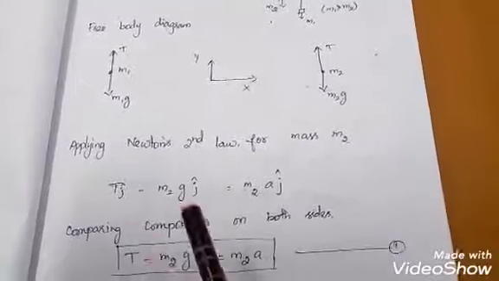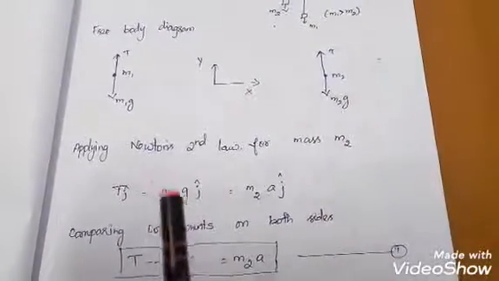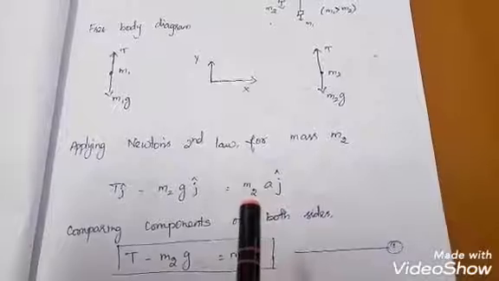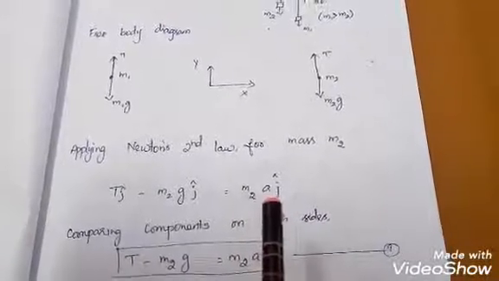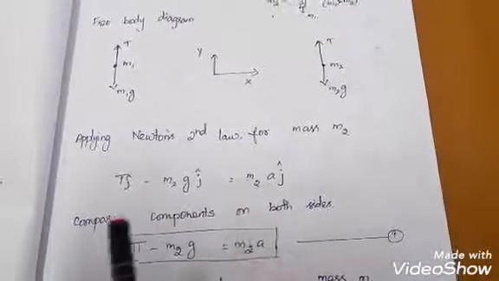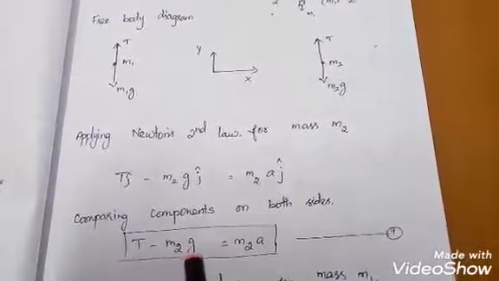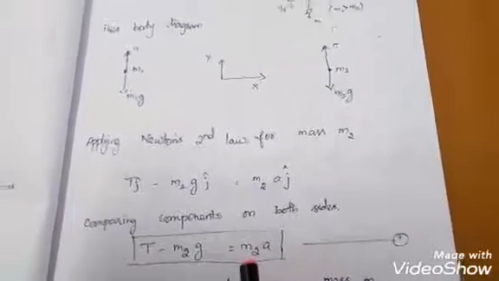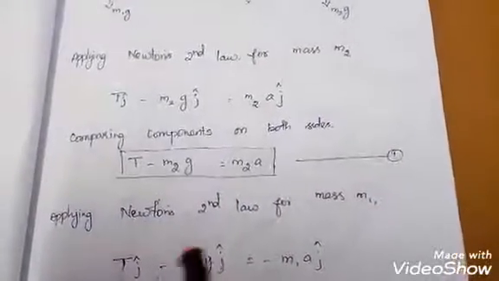T and m2g are the total forces acting on the mass m2, and this is the formula F equals ma. Comparing the components of both sides, we neglect the j cap, and T minus m2g equals m2a. Now we apply Newton's second law for mass m1.